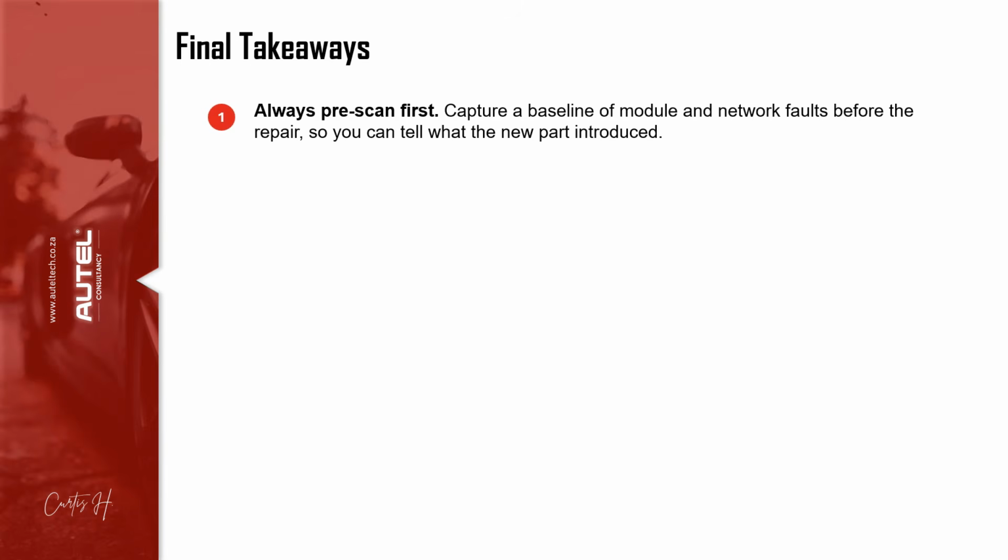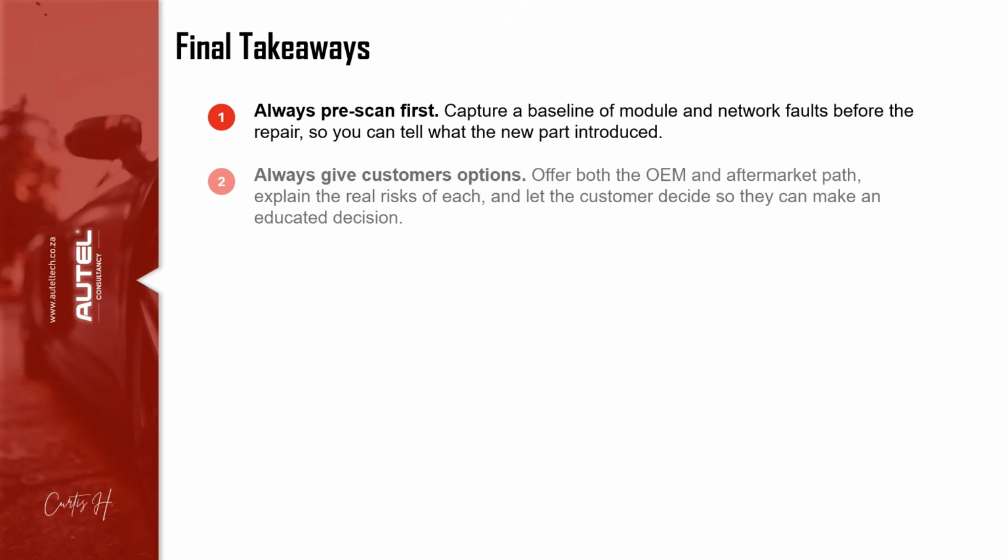Okay, so key takeaways: always do your pre-scans first. So you want to capture a baseline of the module and network faults before you do any programming or repair, so you can tell what the new part introduced. Okay, without that post scan, there's no way for us to verify if those faults were there or not. Okay, very important. Second, always give your customers options.